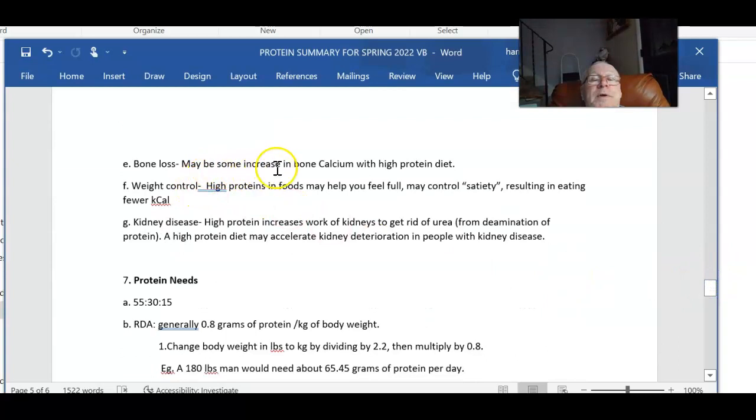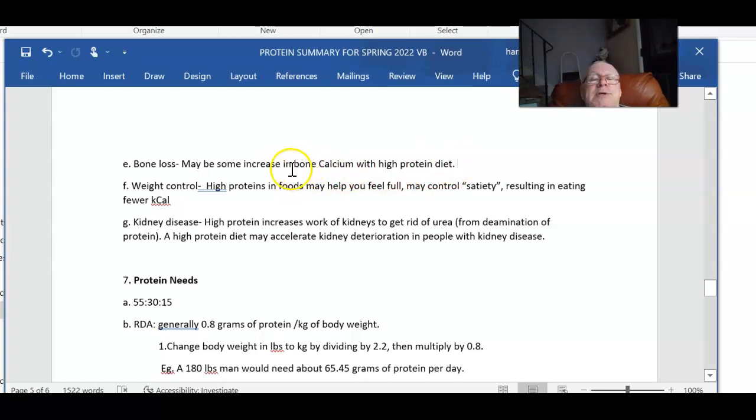Bone loss. There may be some increase in bone calcium with high protein diets. That doesn't make sense, and I'm going to have to double check that.